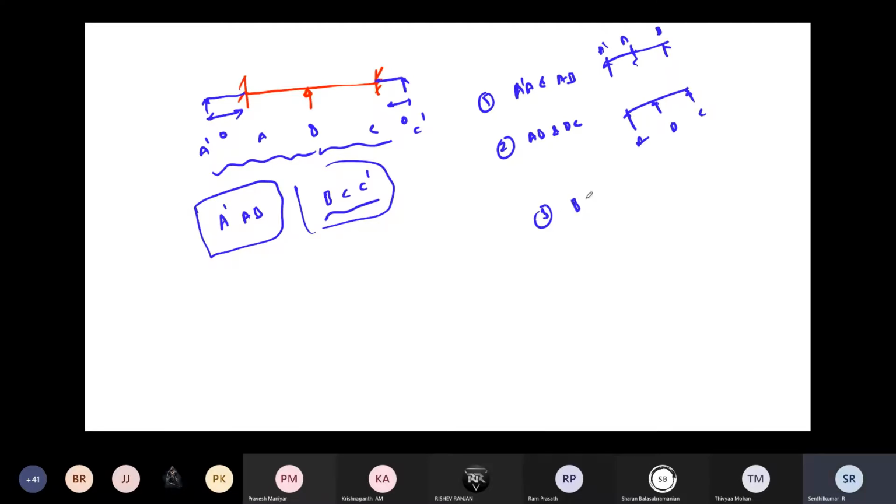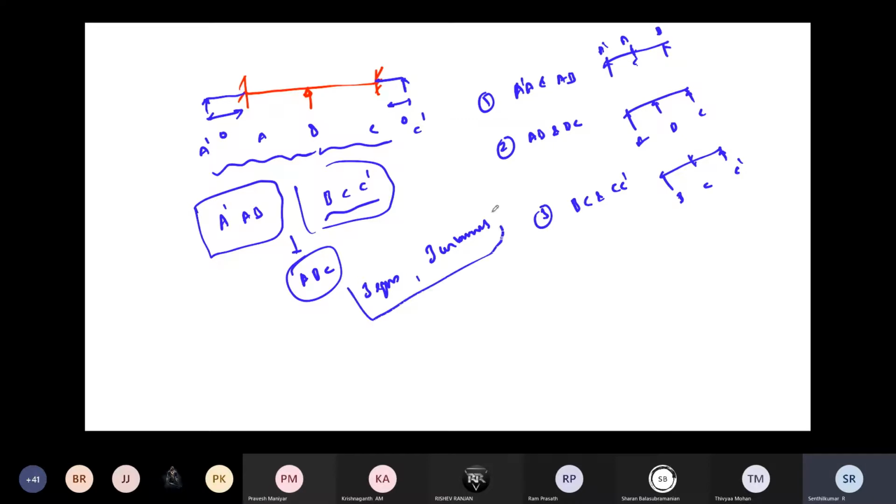Then again BC and CC dash, B, C, C dash. So 3 equations, 3 unknowns. You can solve it. That's all. This is the concept I wanted to tell today. Any questions?